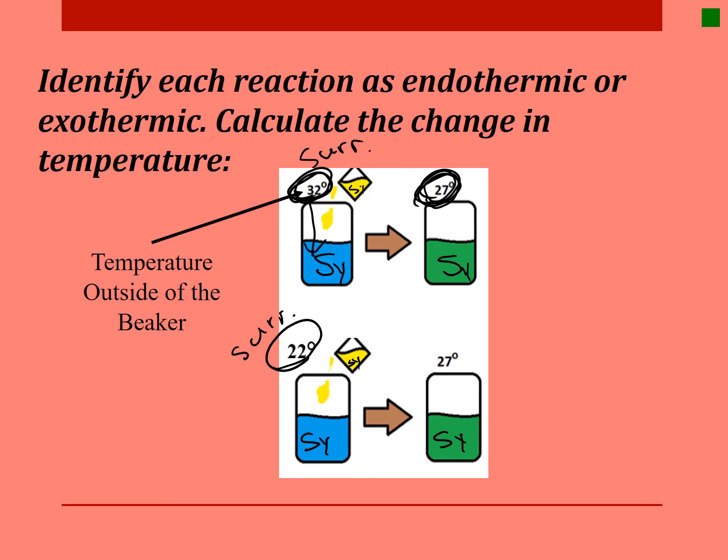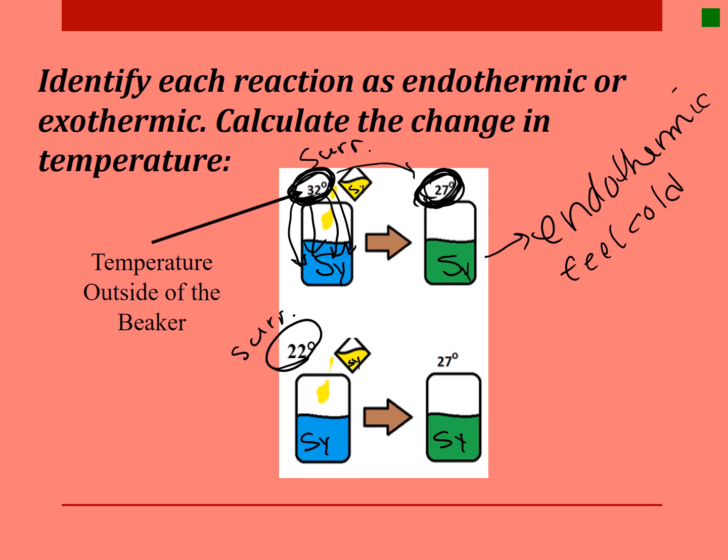So the energy had to go into the system. If it goes into the system and it absorbs energy, then this is endothermic. If you touched it, because you are a part of the surroundings, it would feel cold.